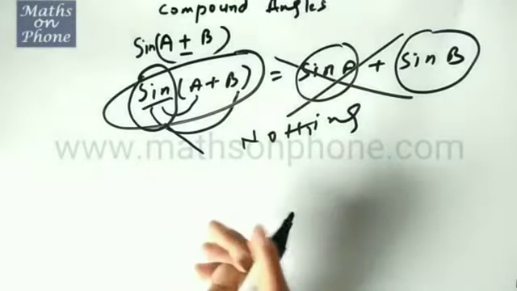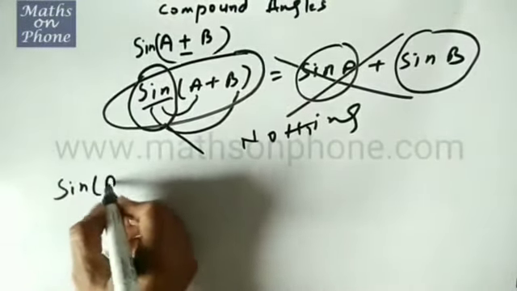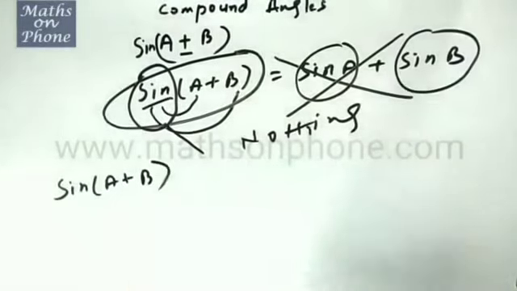So what is the formula? That we will be seeing. Sin(A+B). Just one thing about the sine formula: wherever you find the sine formula, it is sin A cos B plus cos A sin B. One sine and one cos, one sine and one cos.